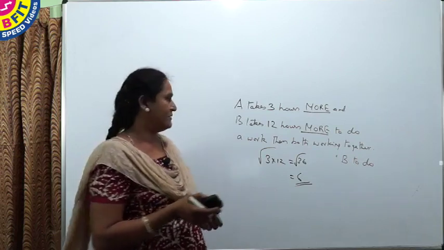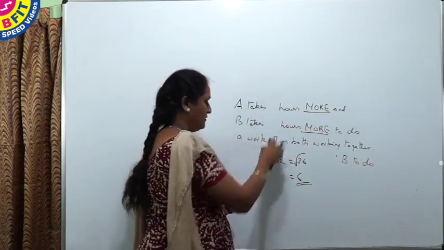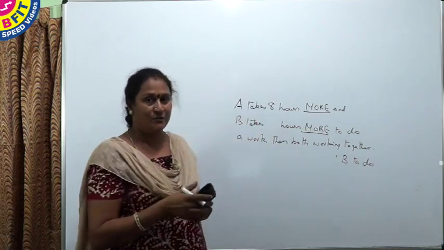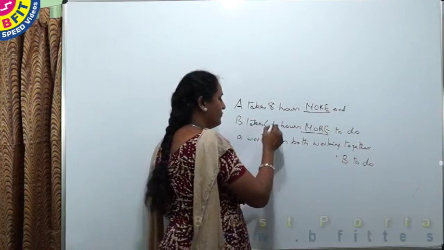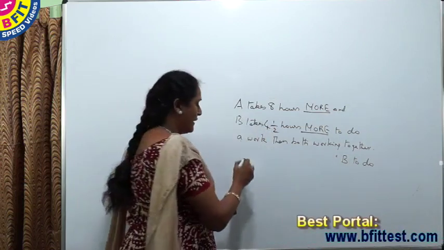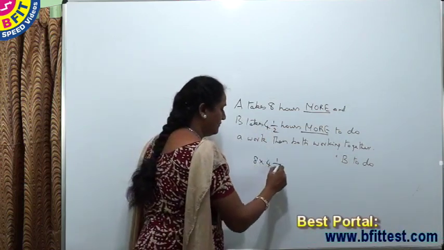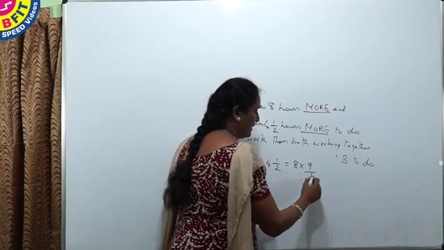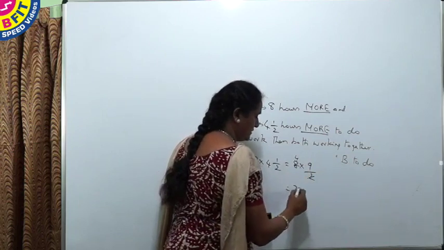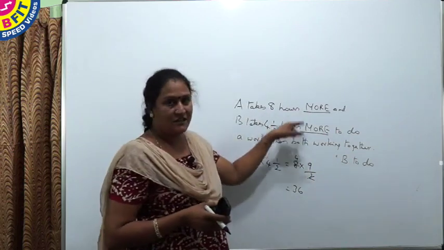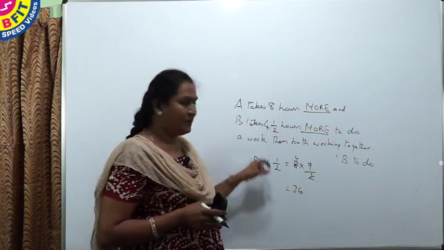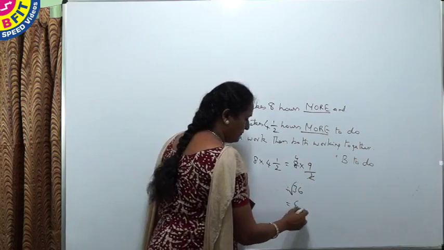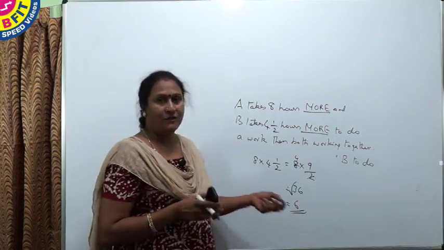If A takes 8 hours more and B takes 4.5 hours more, the product of 8 into 4.5, where 4.5 is 9 by 2, is 36. Whenever additional time is given, the product will always be a square number, and taking the square root, you get the time taken together.